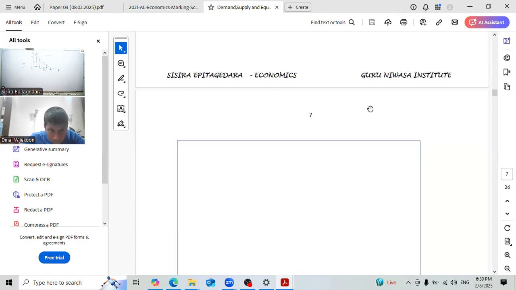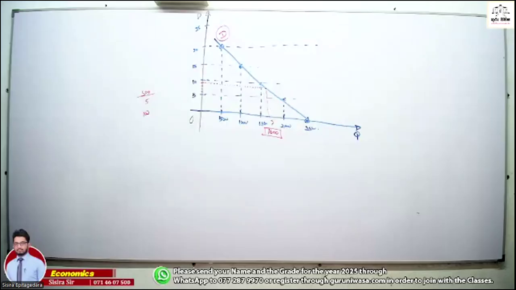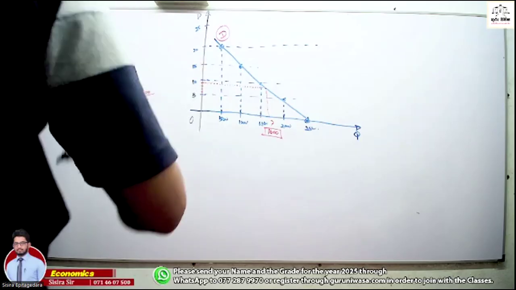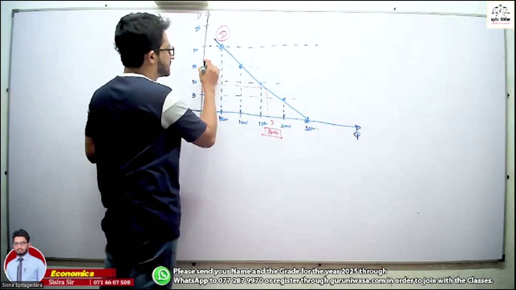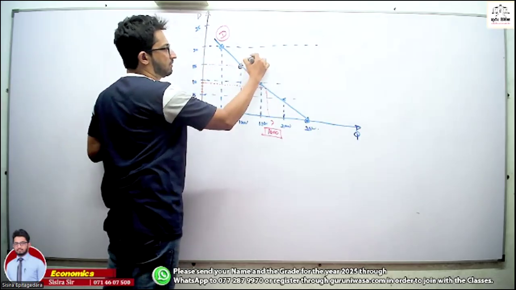Movements along the demand curve means we can move along the demand curve. Look at the board, I'll explain it. I'll take this price, this point. I'll give a name for this point.